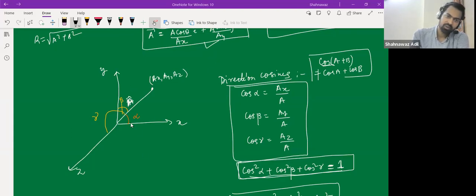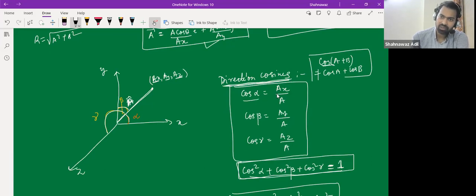Okay, so now we have a three coordinate system, right? And then how do we resolve the vector? We have this vector whose x component, y component, and z component are these. Also, it is making an angle alpha with the x axis, an angle beta with the y axis, and gamma with the z axis. Then we talk about the direction cosines.